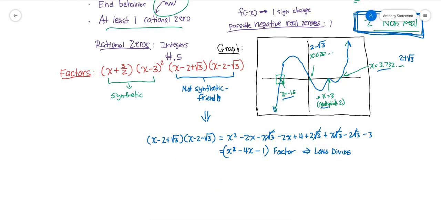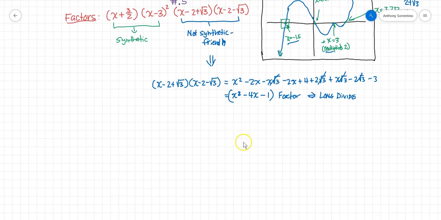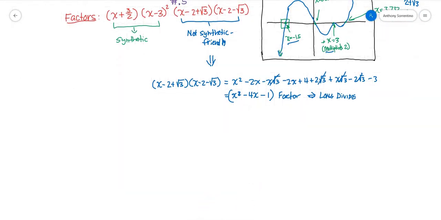So let's go with that. Give myself a little bit more room. I'm going to go back to my original function. I'm not going to rewrite it here because I have it in front of me. You'll have it on your paper. I'm going to rewrite the coefficients, and I'm going to carry through the synthetic division. It doesn't matter which order I do them in.